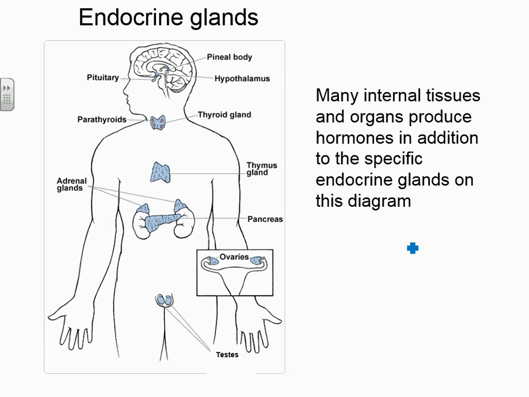Sometimes they have other names as well, but there's a lot of stuff going on that doesn't actually involve specific glands. Endocrine glands are, how do I describe them? Discrete structures where you've got the hormone secreted into the blood that passes through them. But then you have the other ones. The tissues really are just secreting into the area where it's needed.